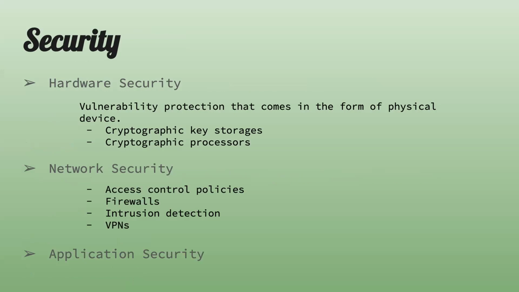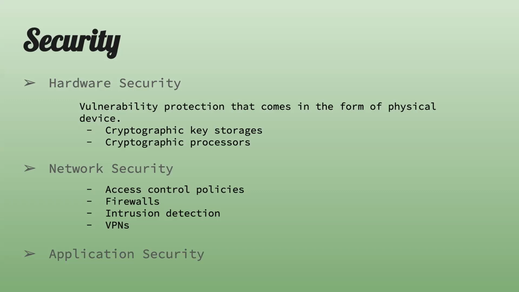I will go through a brief introduction of security, what kind of security is available, and how we can integrate this security into software. Basically, there is hardware level security, network level security and application level security.